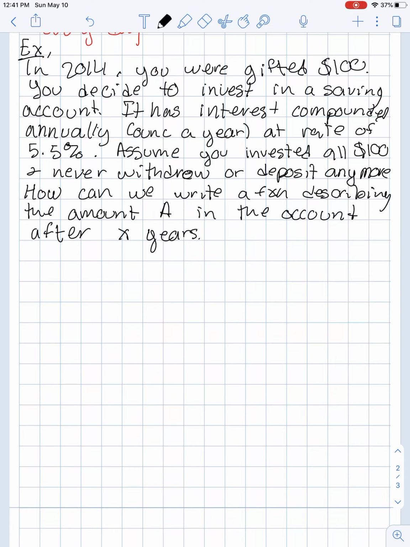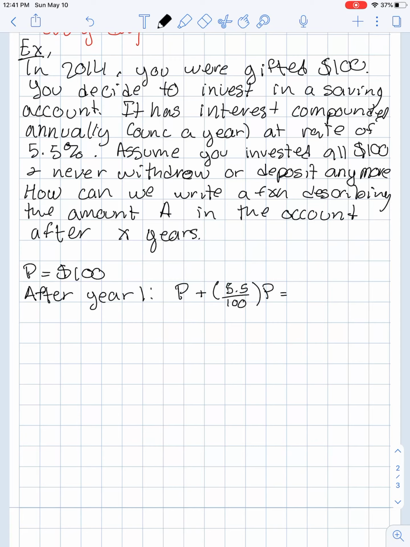All right. So let's call your principal balance, whatever you start with, P. We'll call that 100. Well, after 1 year, since it's compounded annually, I'm going to have my original 100 in there, P, plus I'm going to get 5.5% of that. So 5.5% is 5.5 divided by 100.